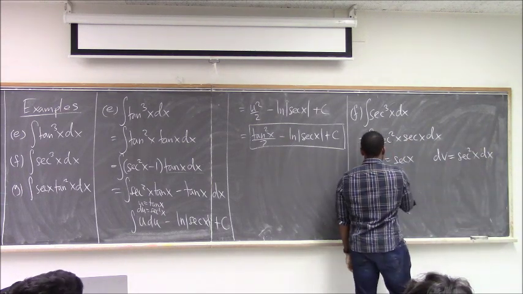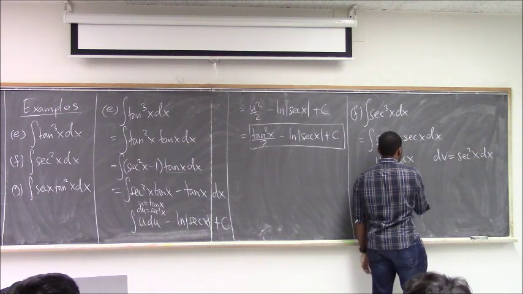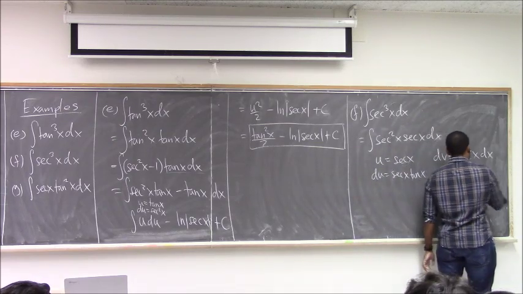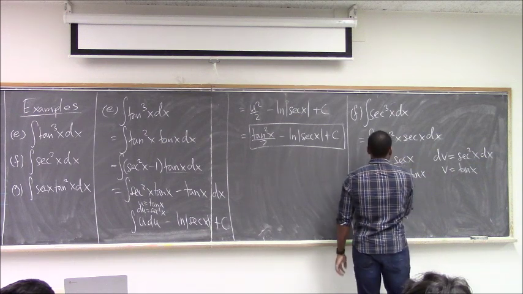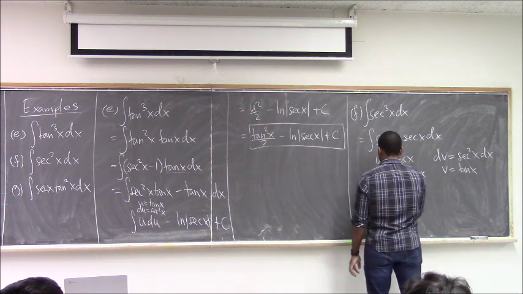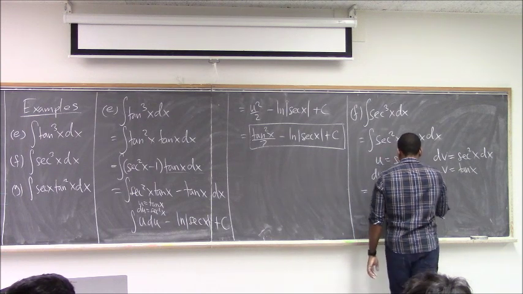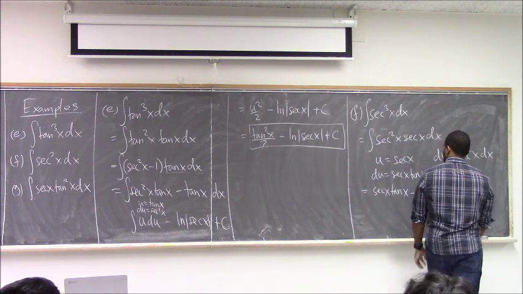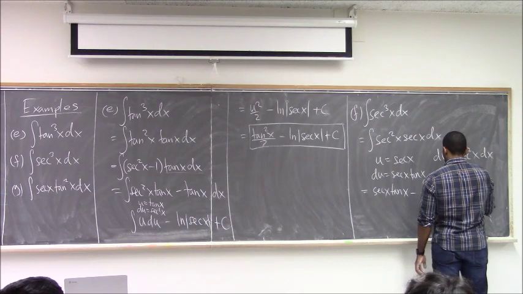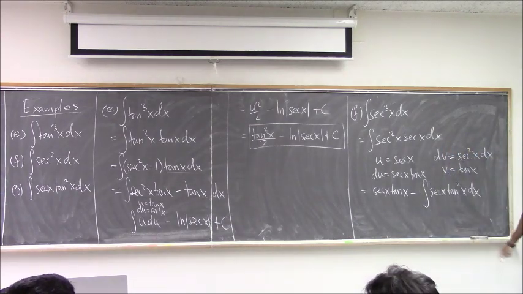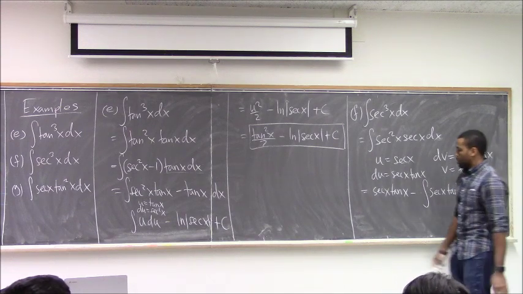So your du is going to be secant x tangent x, and your v is going to be tangent. And so you're going to plug this in: u times v minus the integral of v du. Where do you go from there?